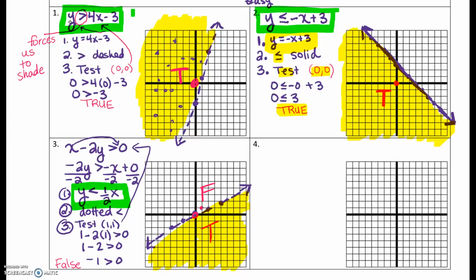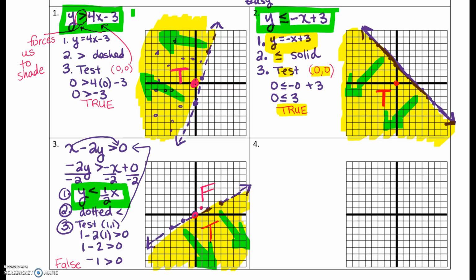So for these, you can now just look at it and notice something. Greater than was on top of the line. Less than was on the bottom of the line. Less than was on the bottom of the line. That will always happen if it is in slope-intercept form.